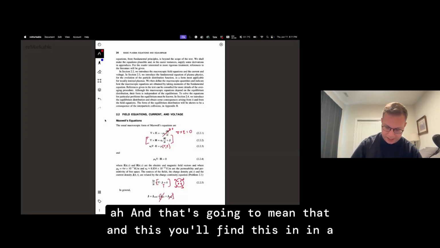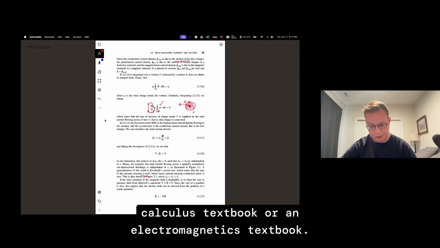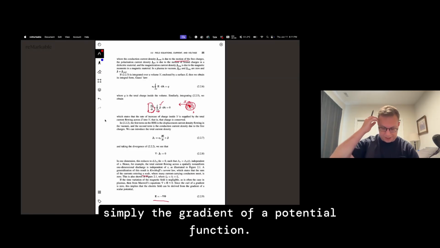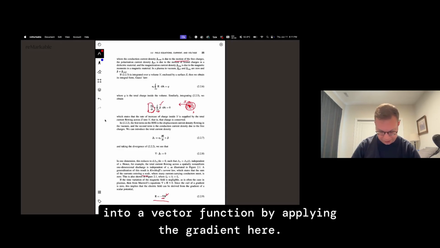And this you'll find in a calculus or electromagnetics textbook: if the curl is 0, then the electric field is simply the gradient of a potential function. The potential is a scalar function, which then gets turned into a vector function by applying the gradient.